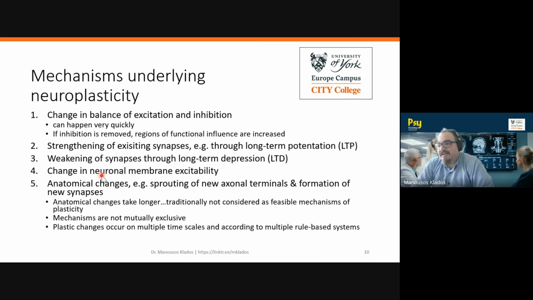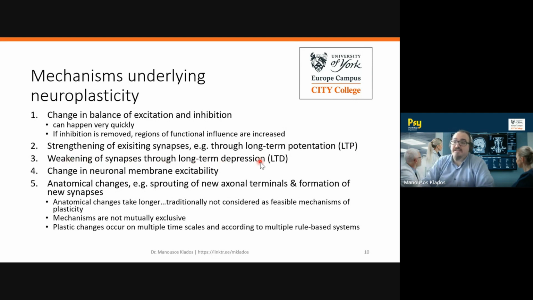And in the opposite way, when we punish a behavior, we decrease the probability of this behavior being repeated. And this is what we say at the neuroplastic level, that we weaken the synapses through long-term depression.